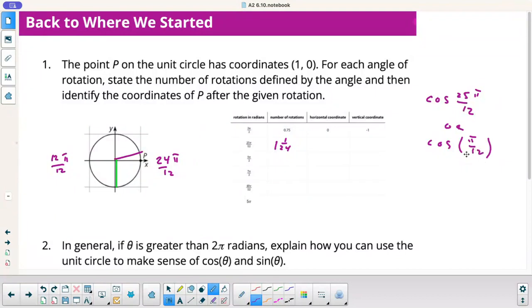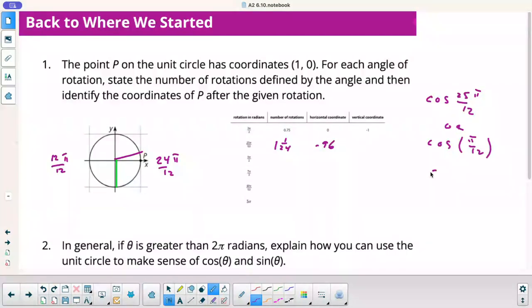You should get the same number. Now, when I put this into my calculator, I'm going to make sure I'm in radian mode. So I'm going to say cosine of pi over 12. Whoops, I was in degree mode as I say that. So I get 0.96.